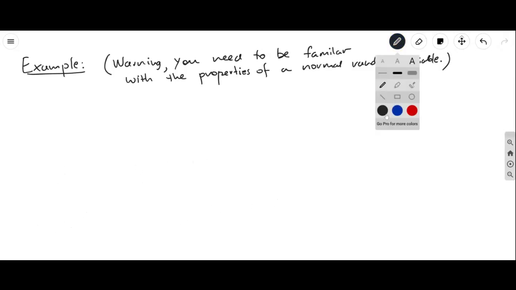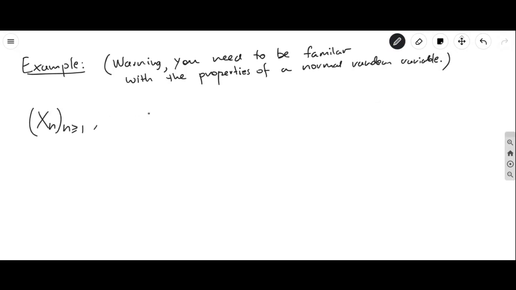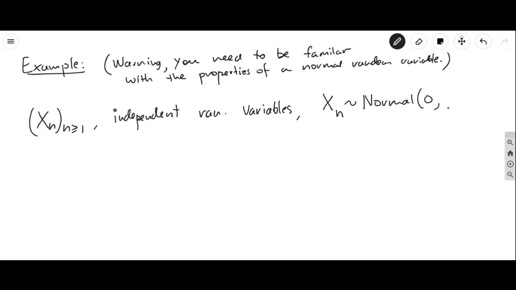So here's what we're going to have. We're going to have a sequence x_n of independent random variables, and the distribution of every x_n will be of the kind normal 0, comma, and the variance is going to be 2n minus 1, an odd number.